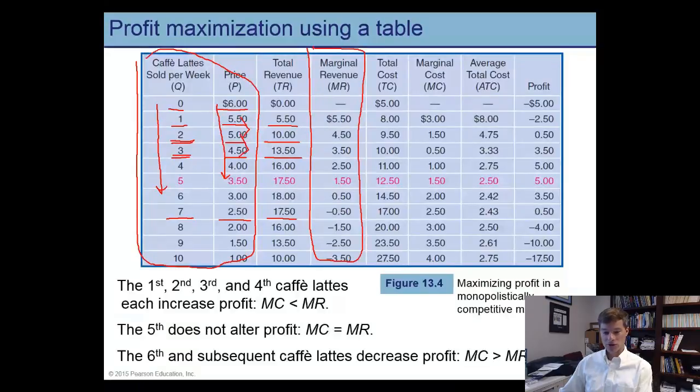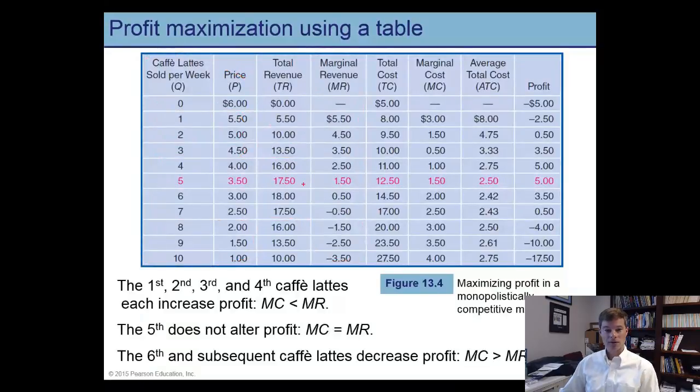Here's how we calculate marginal revenue. We calculate marginal revenue by examining how total revenue changes with each unit of output. When you're not selling any output, your total revenue is 0. Then when you sell 1 unit of output, total revenue goes up to $5.50. It goes up by $5.50, and so that's marginal revenue for this first unit. If we sell a second unit of output, total revenue will go up by $4.50. So that's the marginal revenue of the second unit.